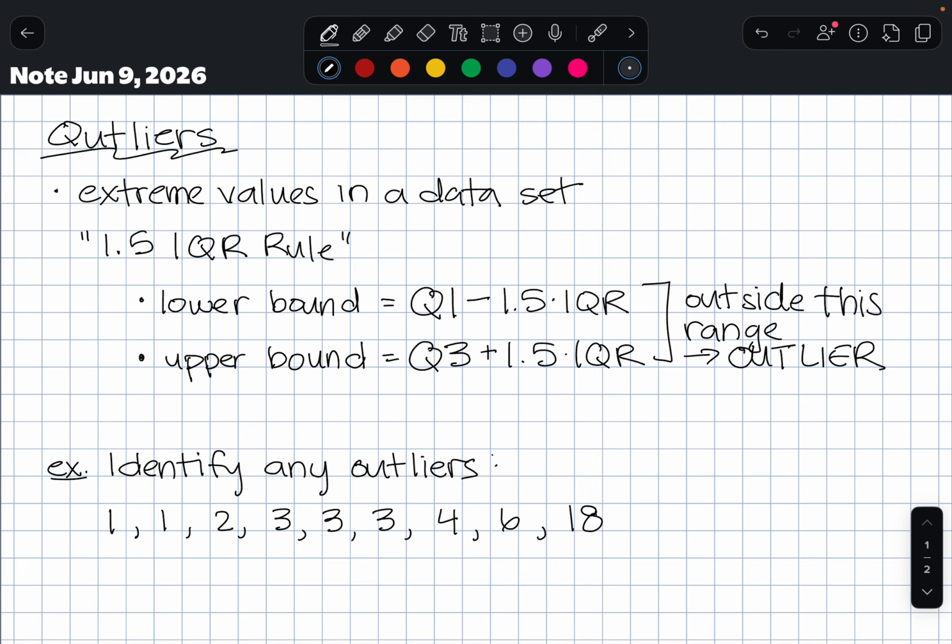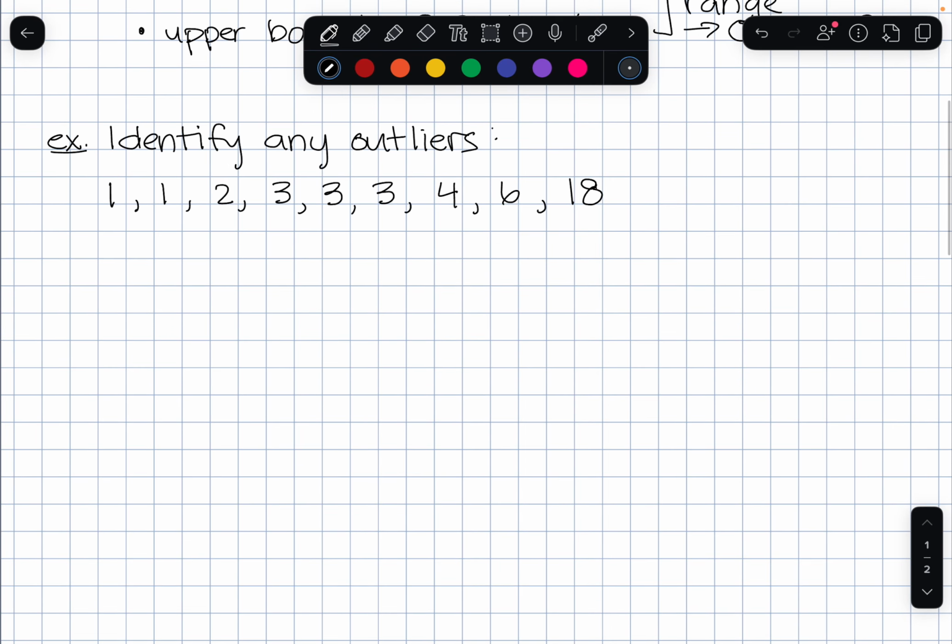So let's try this with a set of sample data. So we have a list of sample data, 1, 1, 2, 3, 3, 3, 4, 6, 18. I want to check for outliers. So I know to check the first quartile, third quartile, and IQR, because those are the three moving pieces for my lower bound and my upper bound for the IQR rule.